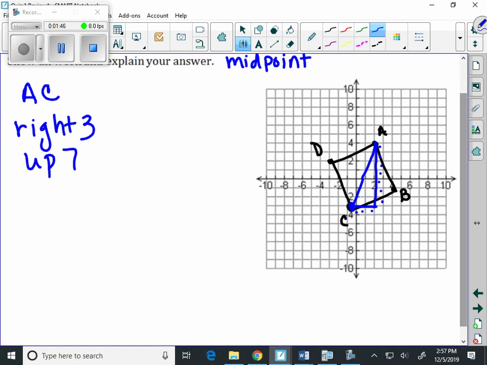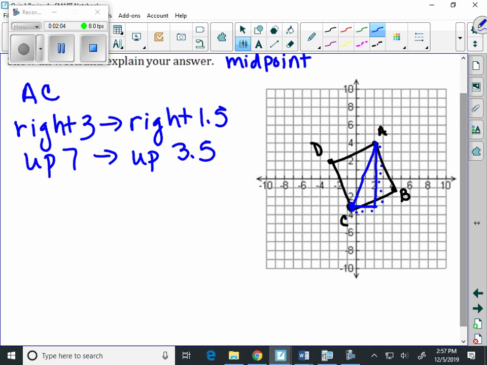So when we're finding the midpoint, that's halfway between, so this is going to be right half of 3, which is 1.5. And this is going to be up half of 7, which is 3.5.